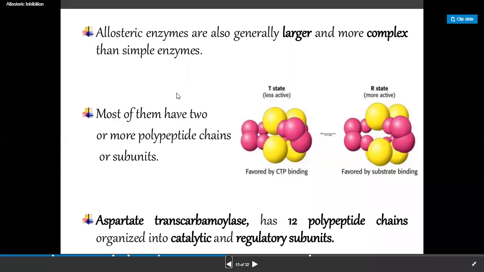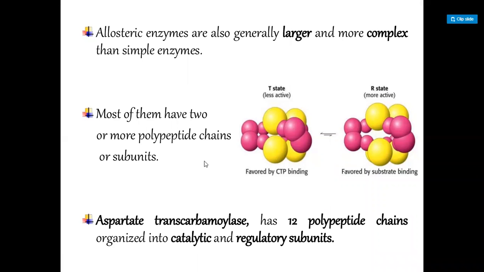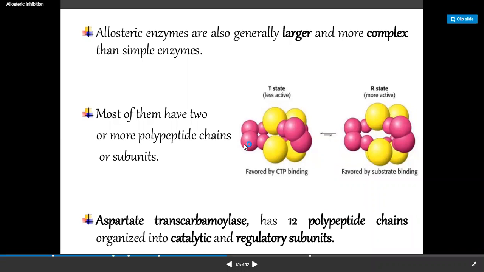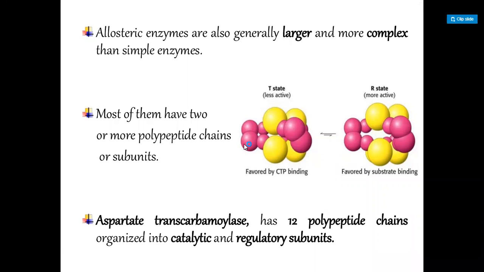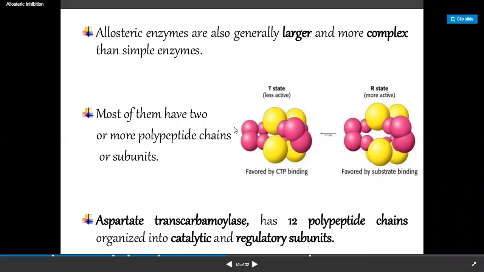Allosteric enzymes are also larger and more complex than simple enzymes. Naturally they are larger because they have two sites, one for the substrate and one for the modulator, an activator or an inhibitor.